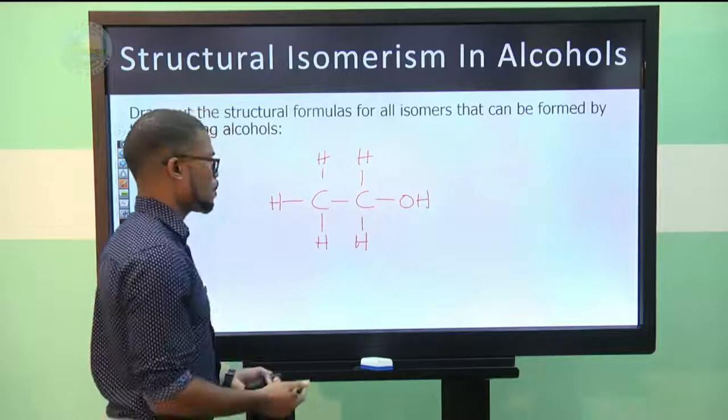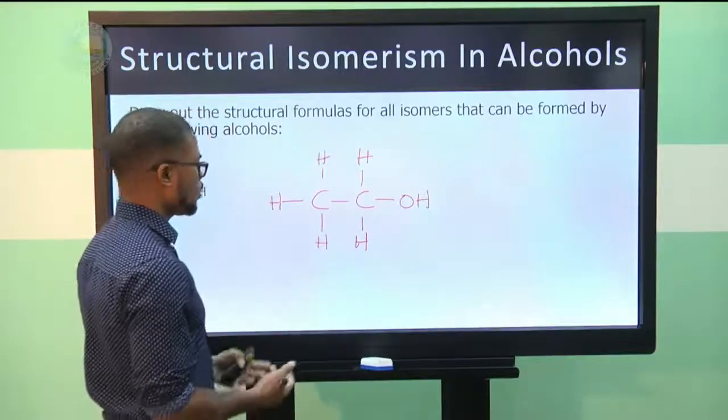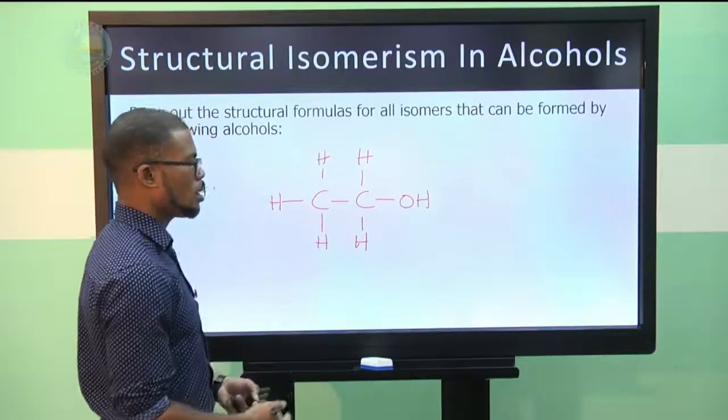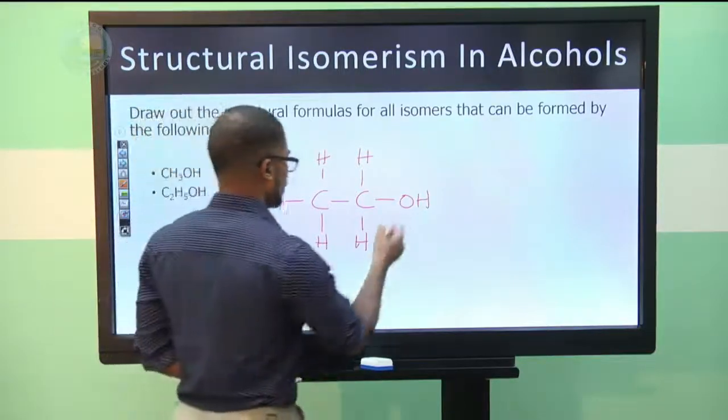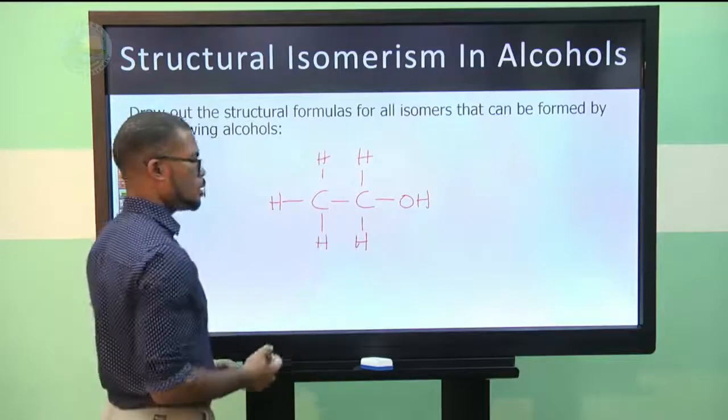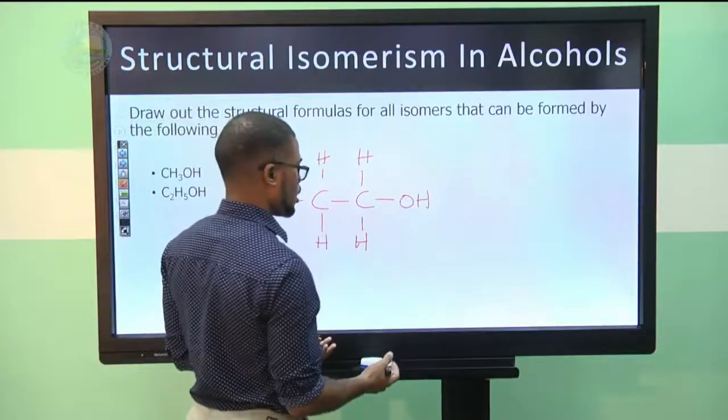Can we change it up? The answer to that is no. The reason will become clearer when we get into naming it as well. Now if I place the OH and switch it to the other side, would that make it different?